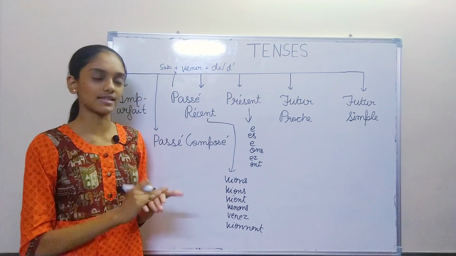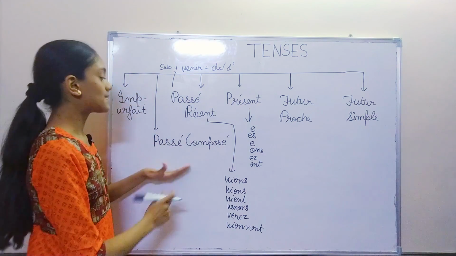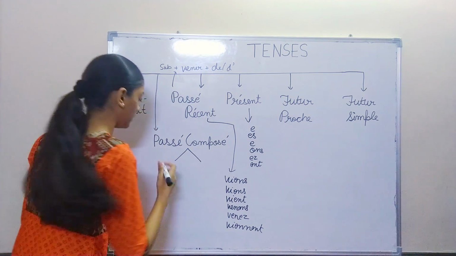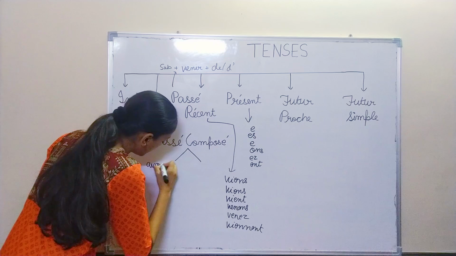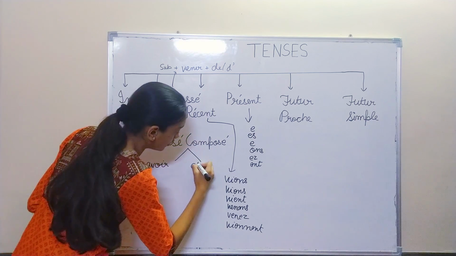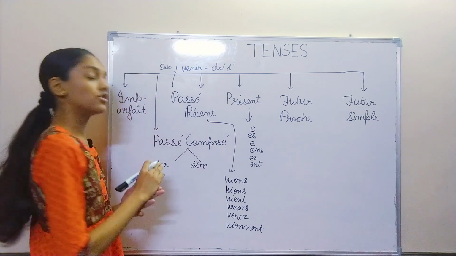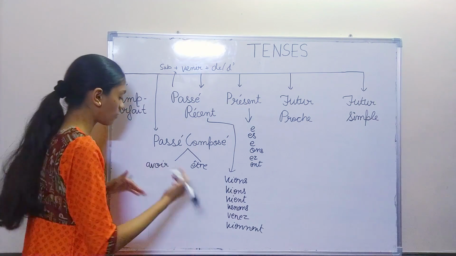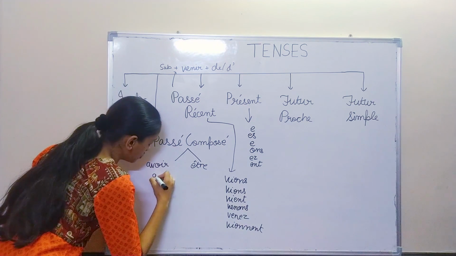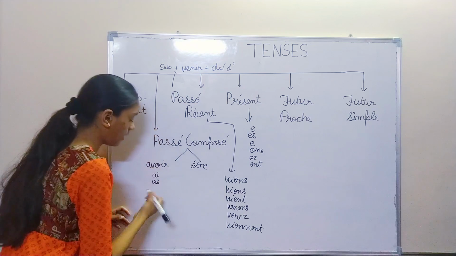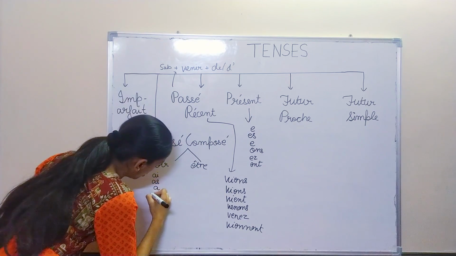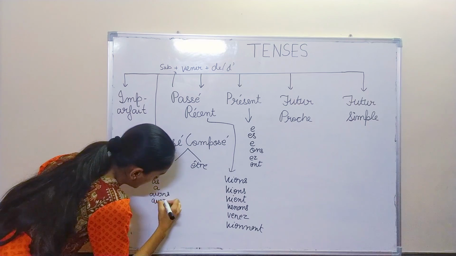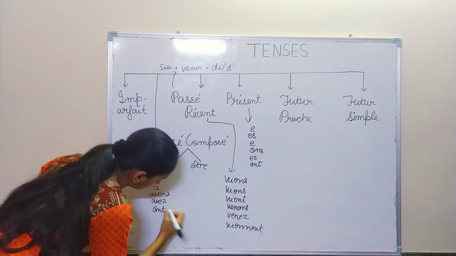I'm just briefly discussing all of these. Passé Composé. Now, Passé Composé can be done with the help of 2 auxiliary verbs, avoir and être. For these, you need to know their conjugation. So, what is the conjugation of avoir? J'ai, tu as, il a, nous avons, vous avez, and ils ont.